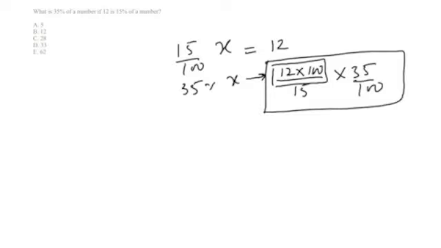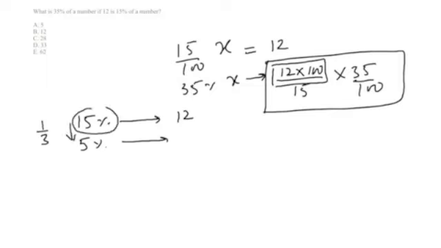There's another method, a shorter method I would say. 15% of something is 12. So 5% of something would be 1/3 of that, since 1/3 of 15 is 5.